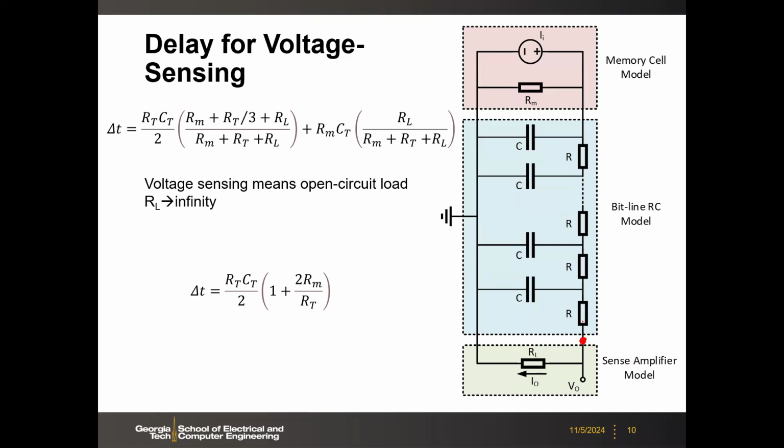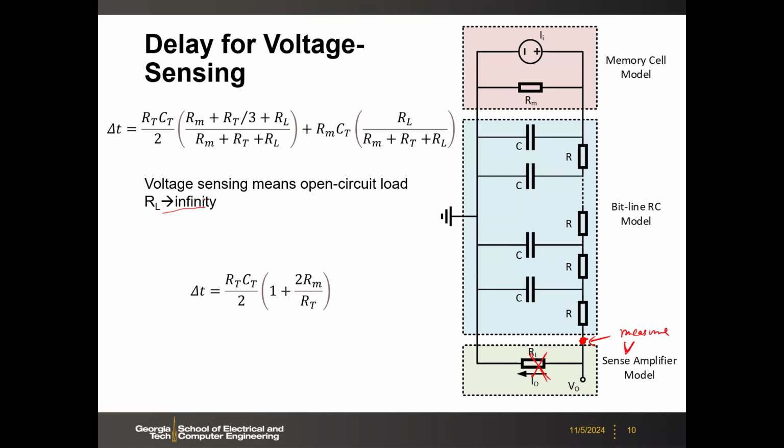The ideal voltage meter means it's an open circuit. So this node is an open circuit, ideally. That means this RL goes to infinity.